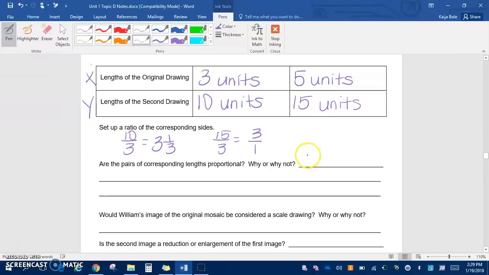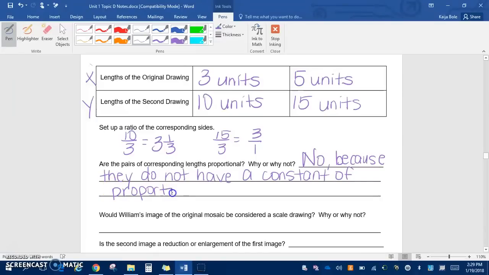And when we look at this, we can say no, because they do not have a constant of proportionality. So they don't have a K here, because the one was 3 1/3 and the other was 3, so that means that they're not the same.